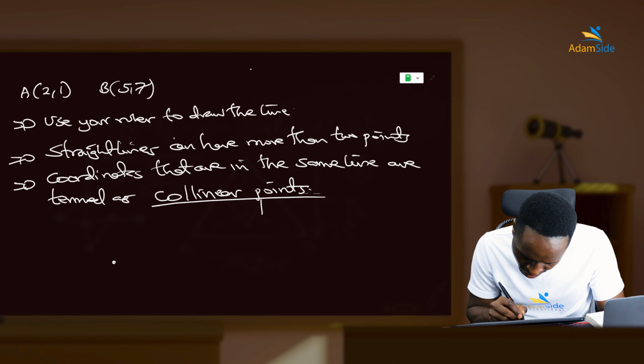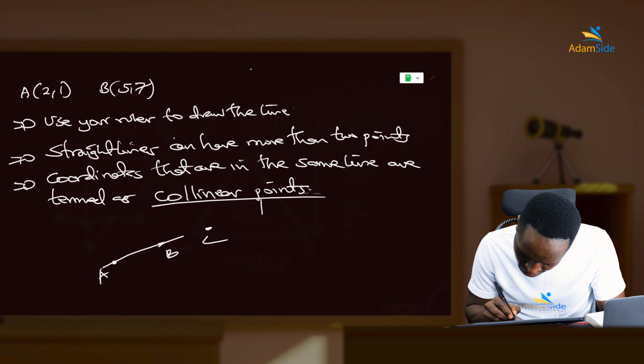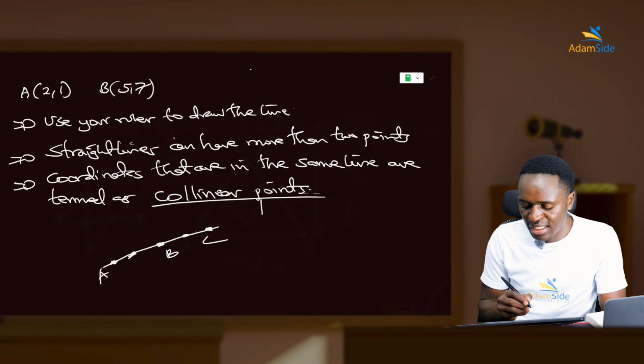That means you can have a point here and another point here and another point here. So points A, B, and C connected together. We say these ones are collinear points. So you can have different points connected together.